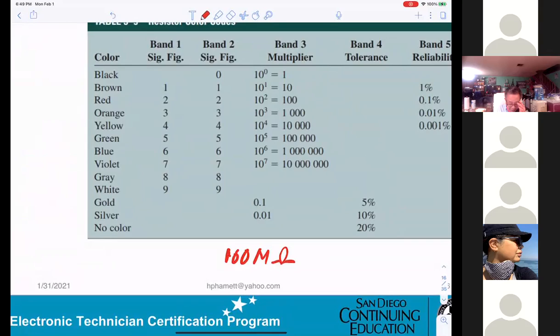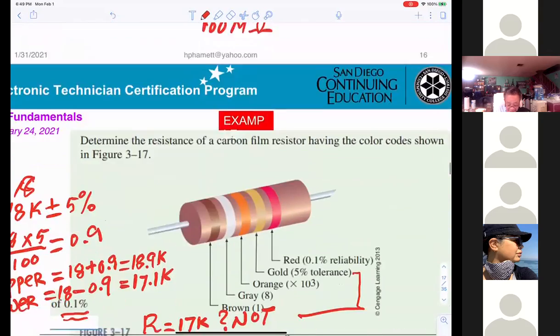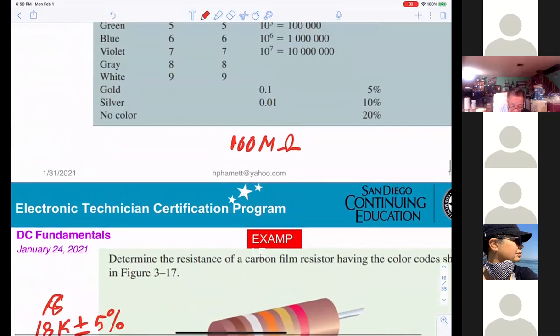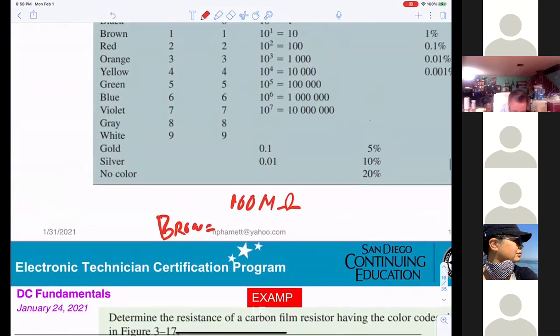Okay, so I given you the answer will be what? Brown. Brown will be what? Brown 1.